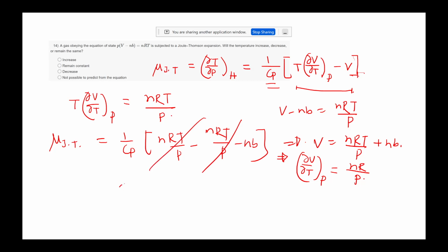So this will cancel out, so it will be minus nb by Cp. This is positive, this is positive, this is positive. So mu JT is negative.